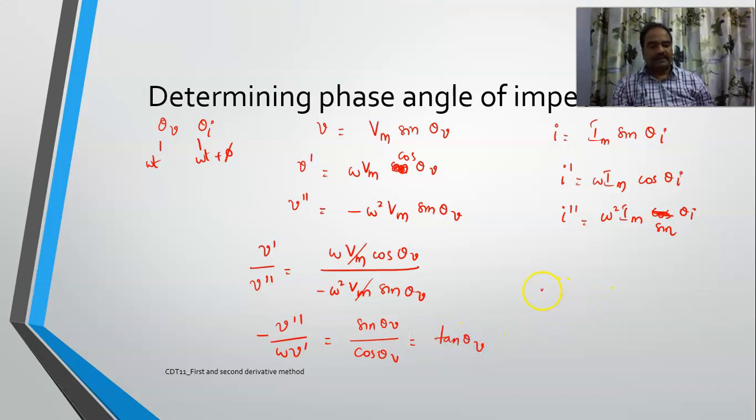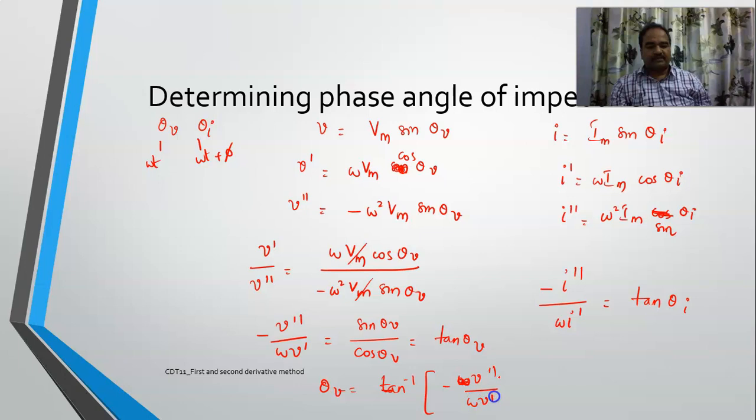Similarly here, I can write minus I double dash by omega I dash is equal to tan theta I. So theta V is tan inverse of minus V double dash by omega V dash, and theta I is equal to tan inverse of minus I double dash by omega I dash.